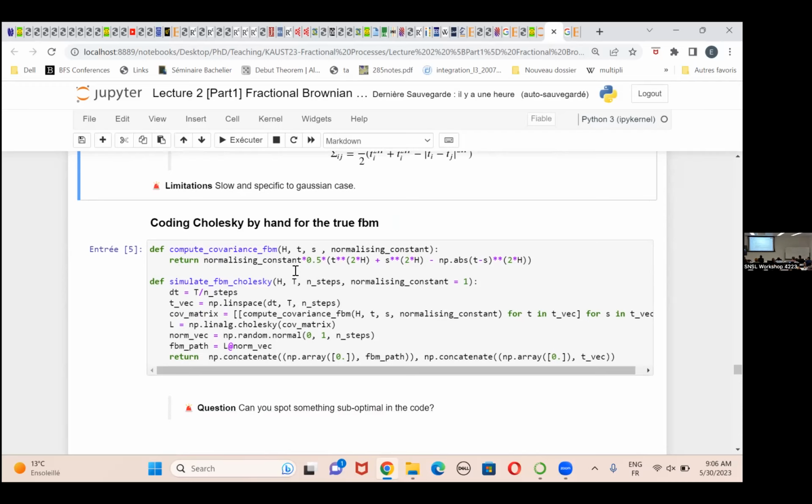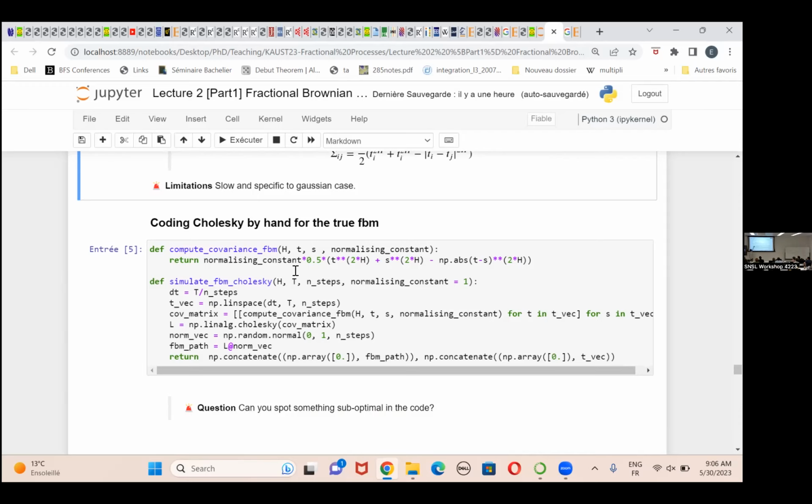Okay, question: can you spot something suboptimal in the code? Let's say you want to run a Monte Carlo simulation, and so you need to simulate a lot of paths.